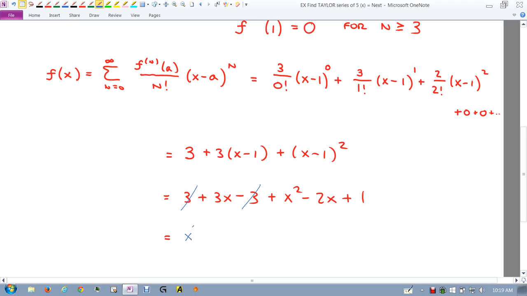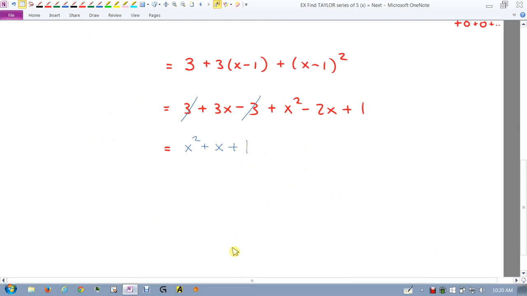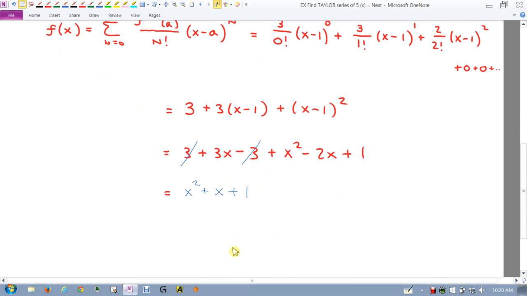We get x squared plus x plus 1, yeah? Which is the original function. Which meant that the Taylor series of a polynomial function is the polynomial function itself.